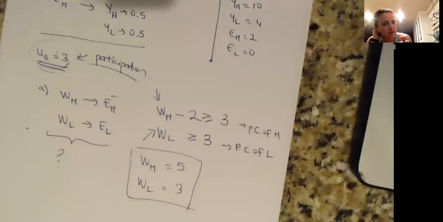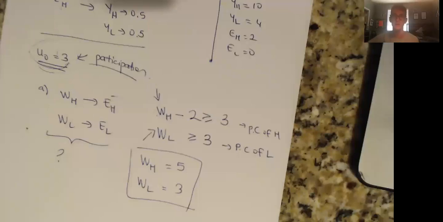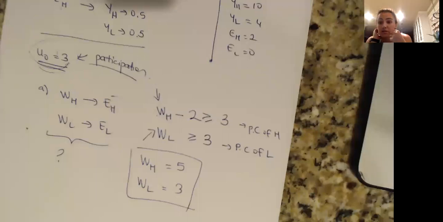So for example, in the lemons example, and in the cheap talk examples, we had that. Wouldn't it be WH minus 2 is greater than or equal to WL? Yes.